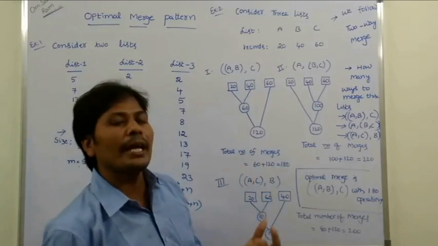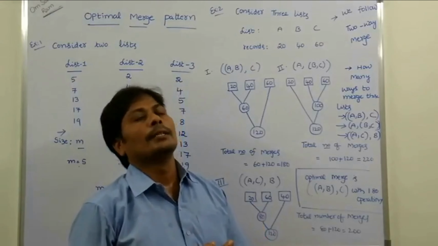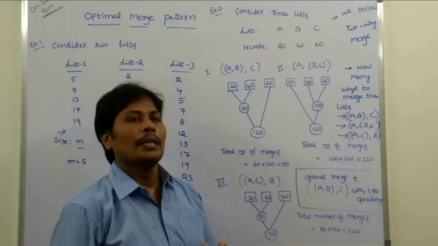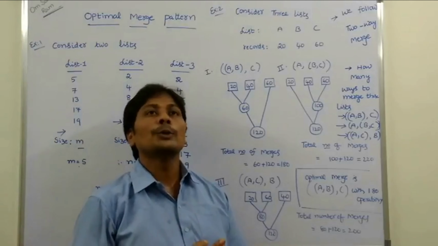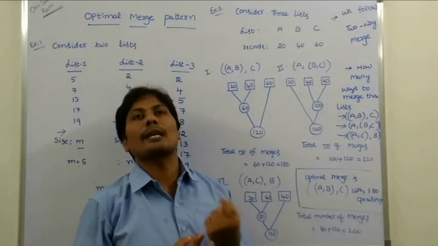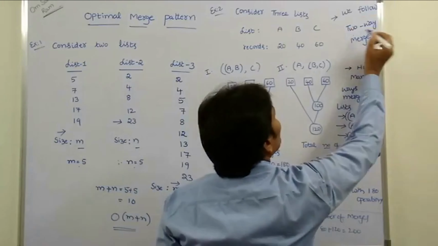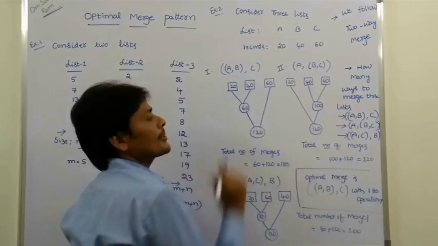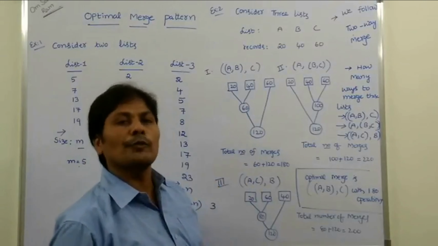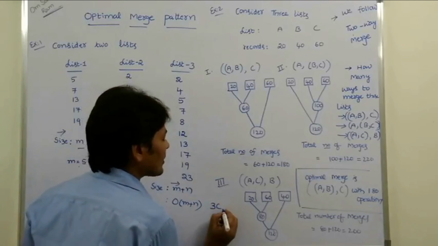First, how many orderings are possible to merge these three lists into a single sorted list? Now we have to follow two-way merge, that is, at a time, two lists can be merged. There are three lists, and we follow two-way merge, so how many orderings are possible?